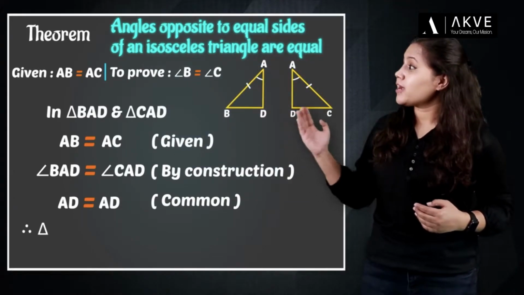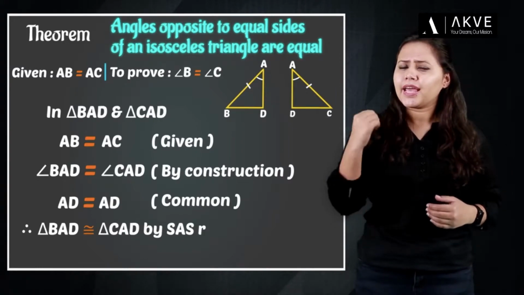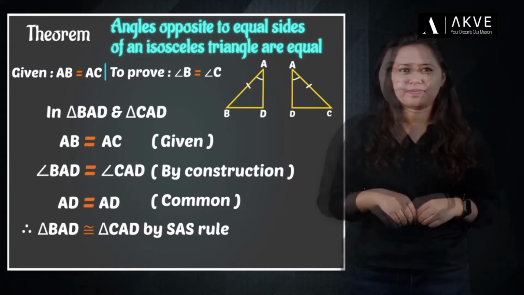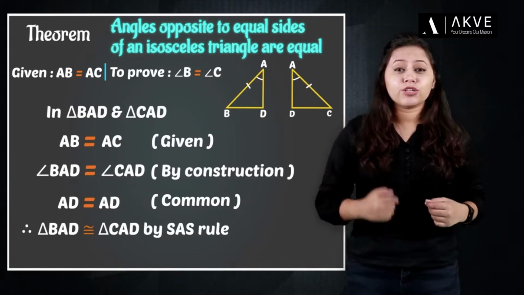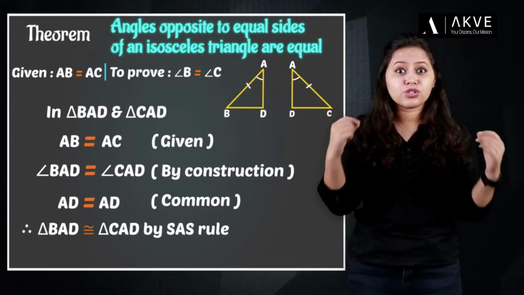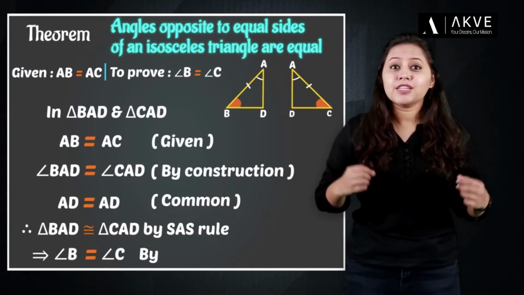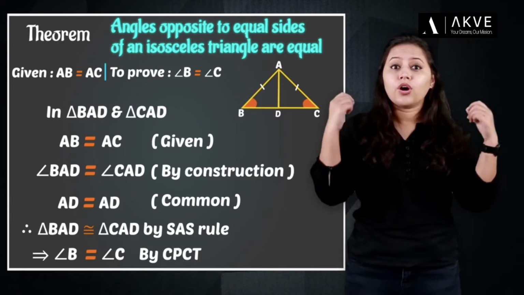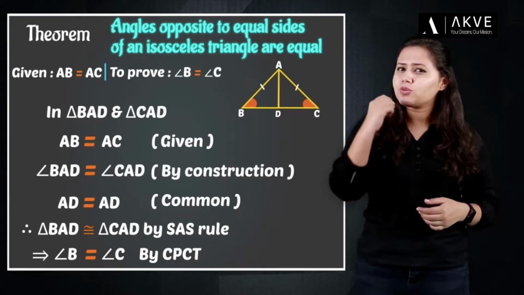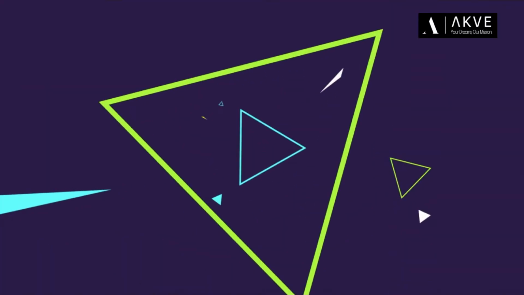Thus, triangle BAD is congruent to triangle CAD by SAS congruency. Now that both the triangles are congruent, their corresponding parts will be equal. So, angle B is equal to angle C. Thus, we prove that angle B is equal to angle C. Or simply, angles opposite to equal sides of an isosceles triangle are equal. See, that was so easy.